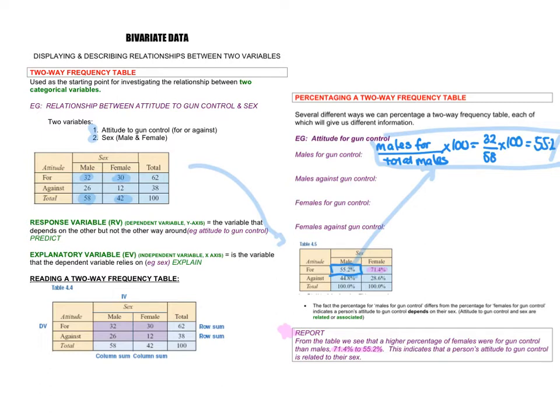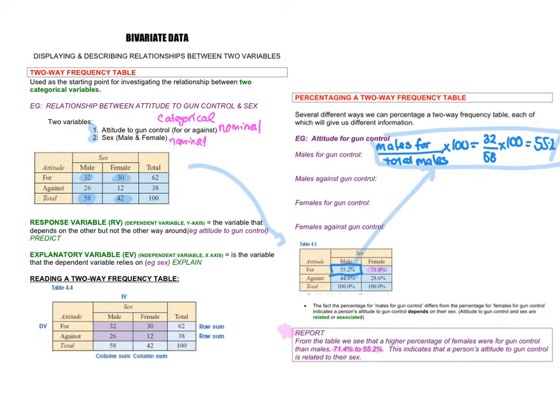Does anyone know? Can you remember? Attitude for gun control, for or against. There's no ranking there really. You can't say for is better than against. So I would call that nominal. Remember, there's no order in the category. And sex, male and female, also nominal.